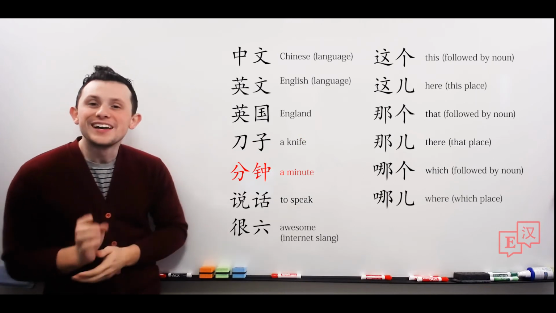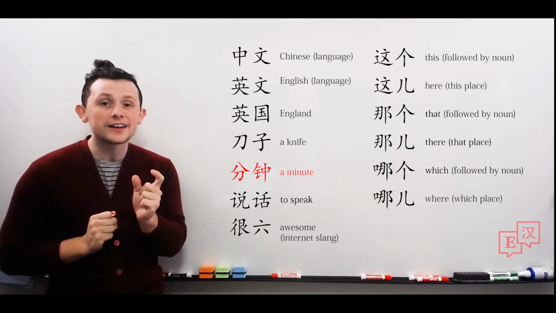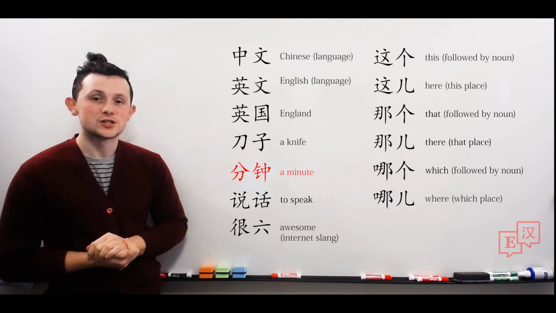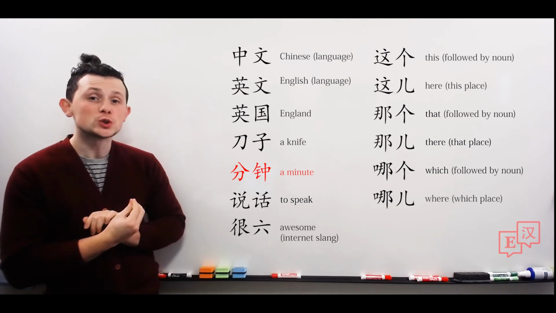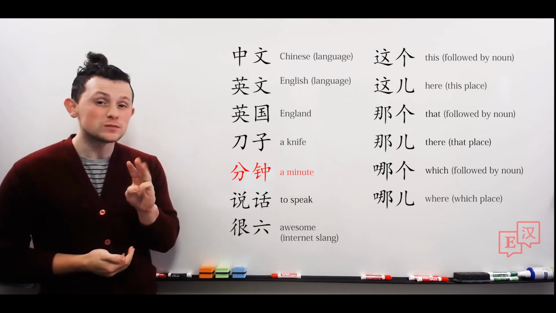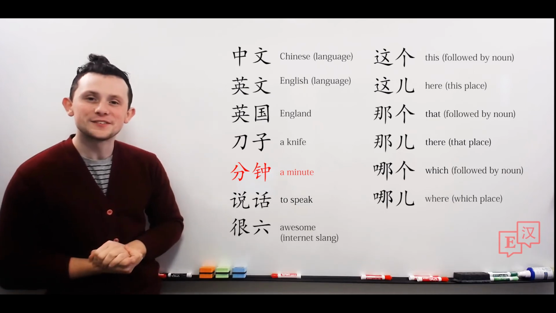So this one's cool. Separating a clock gives you the word for minute. So 分钟 means a minute. 三分钟, 3 minutes.